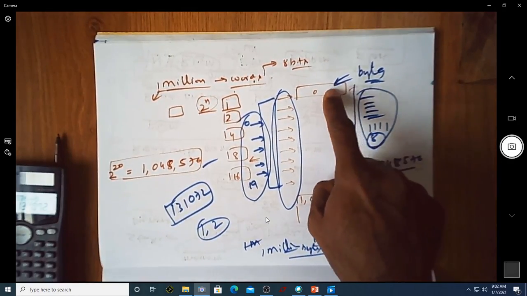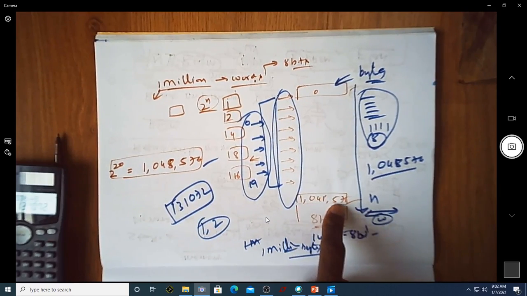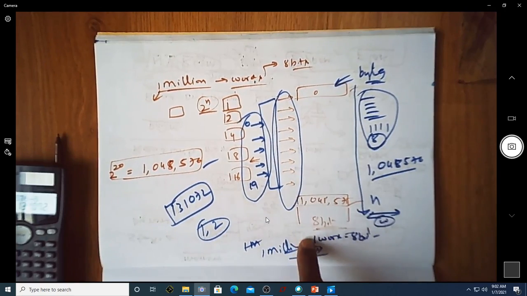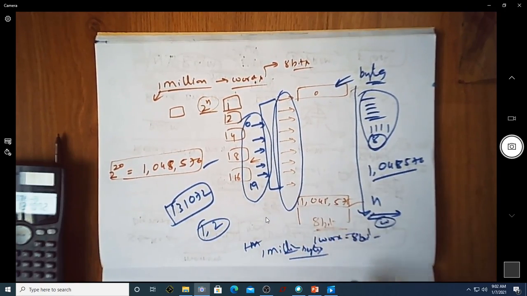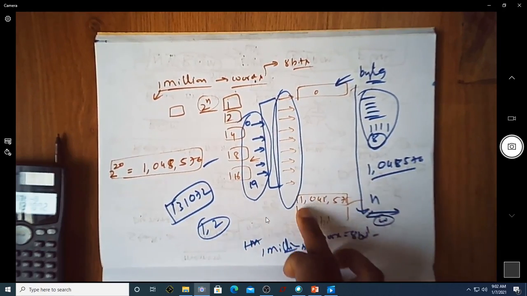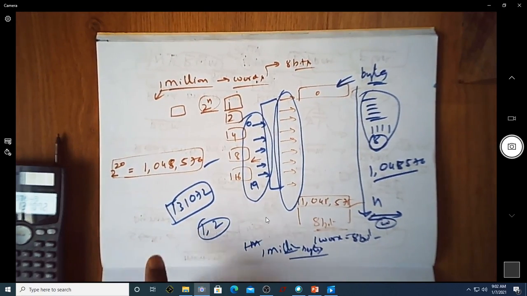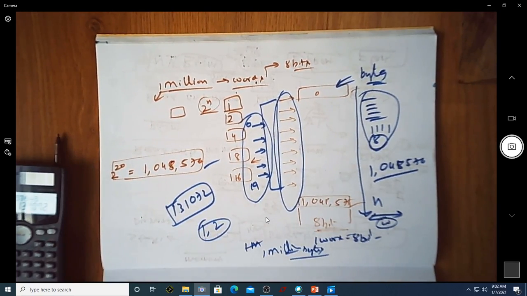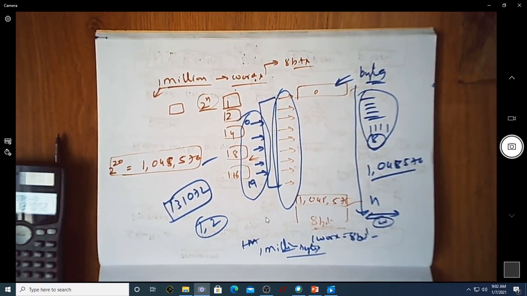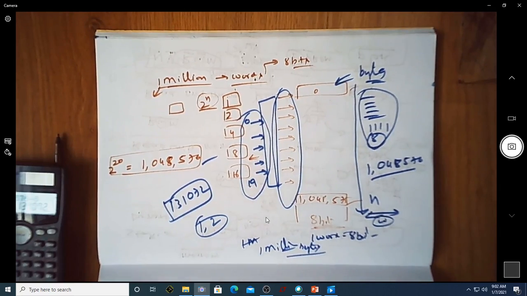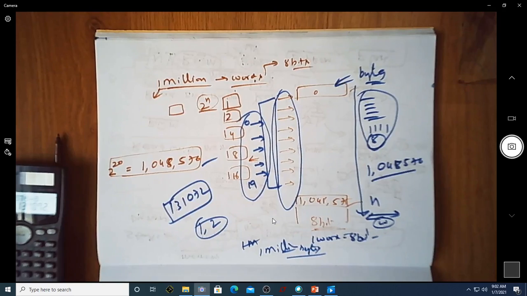You have a huge number of rows vertically, but the number of columns is only 8, so the aspect ratio is too high, which is not good for a memory. We always look for a square memory where the number of rows and columns are almost equal, so the aspect ratio is close to 1.